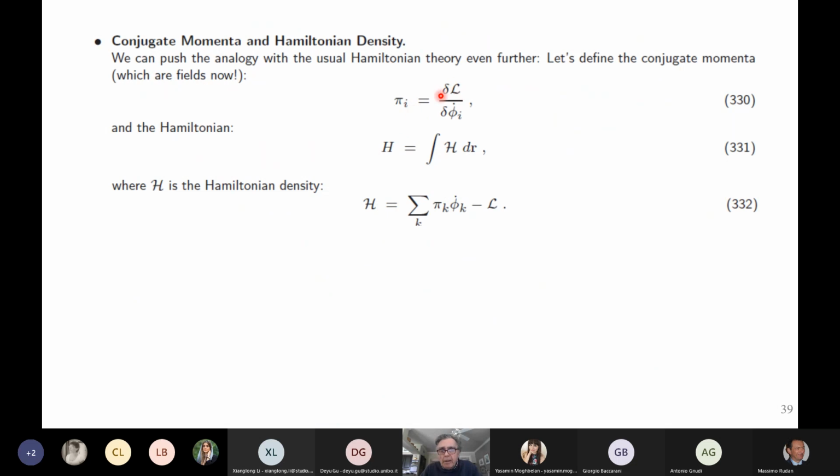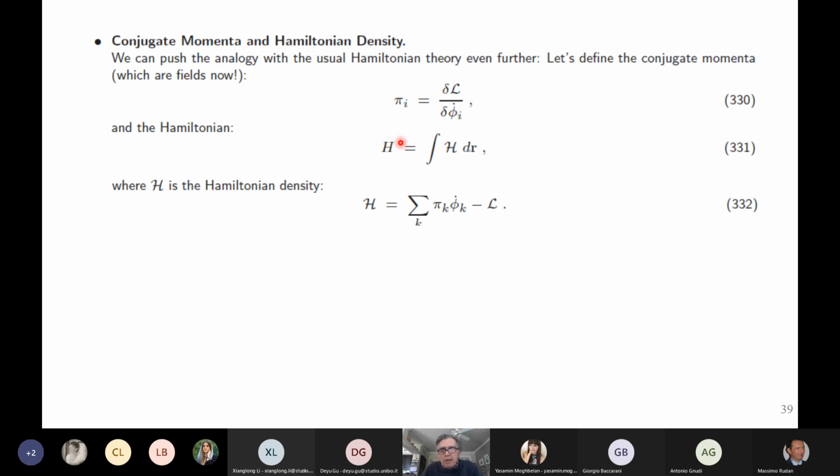I define the canonically conjugated momentum density to the field phi_i as the functional derivative of the Lagrangian density with respect to phi dot. Remember that p_i was the derivative of the Lagrangian with respect to q dot_i, and a similar thing over here, except that I have functional derivatives now.